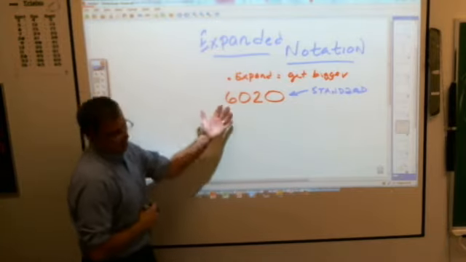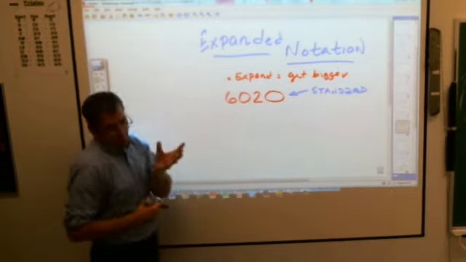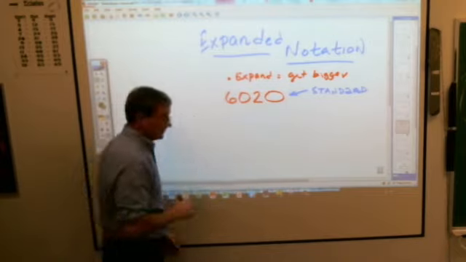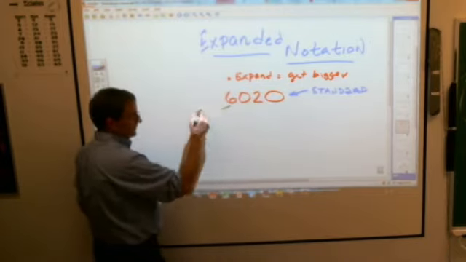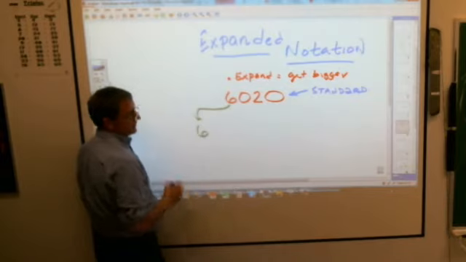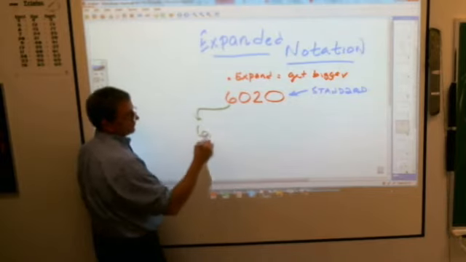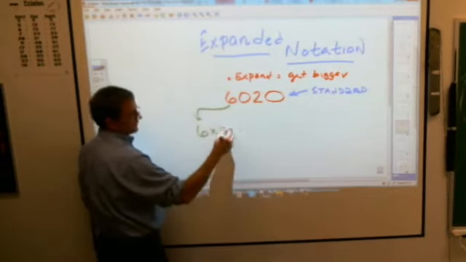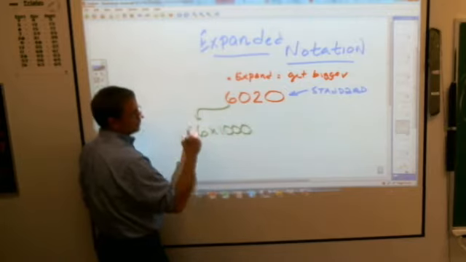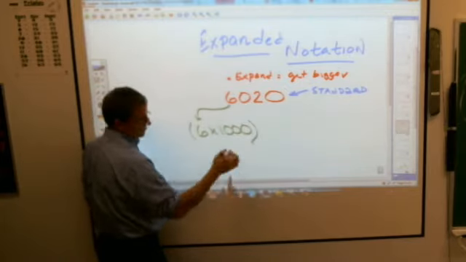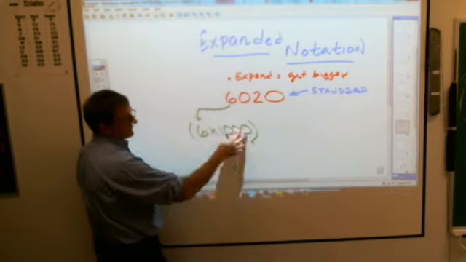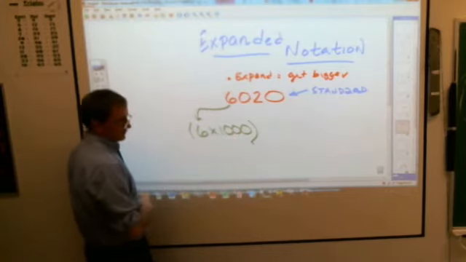For example, this is a 6, but because of where it's at, it really doesn't mean 6 like 6 fingers. So really what it means is this. This 6 is a 6 in what place? It's in the thousands place. So we have 6 1,000s is what that 6 stands for. It stands for 6 thousands or 6 times 1,000.